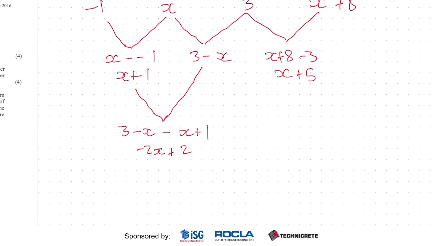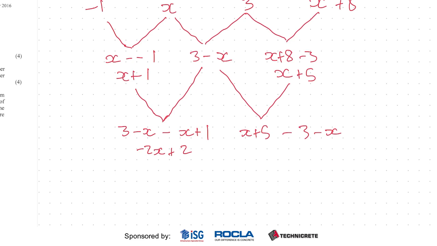Okay, and let's do it again. So it's x plus 5 minus 3 minus x. Okay, so again, the negative distributes throughout the entire term. Just be clear on that.